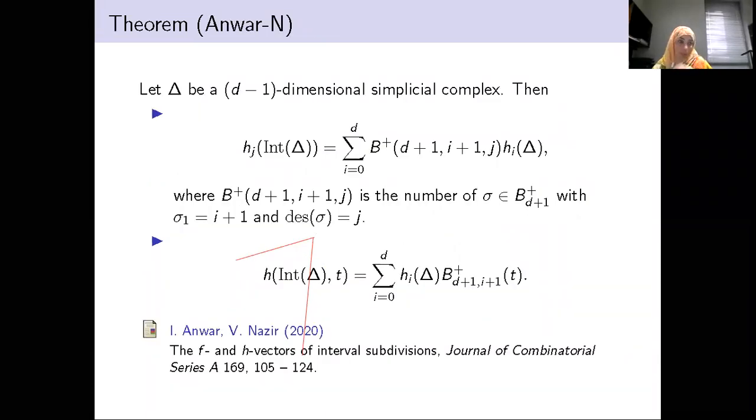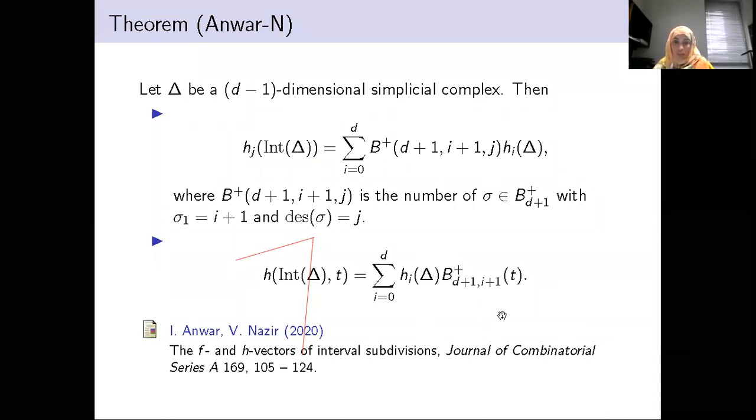So here what we have done is give the coefficients for the h-polynomial, the h-vector. These numbers are nothing but the sigmas, not only from B_{n+1} but fixing the last coordinate with the positive sign, where sigma(1) is i plus 1 and the number of descents is j. So here we can write this h-polynomial in terms of these polynomials times the h-vector of the original data.